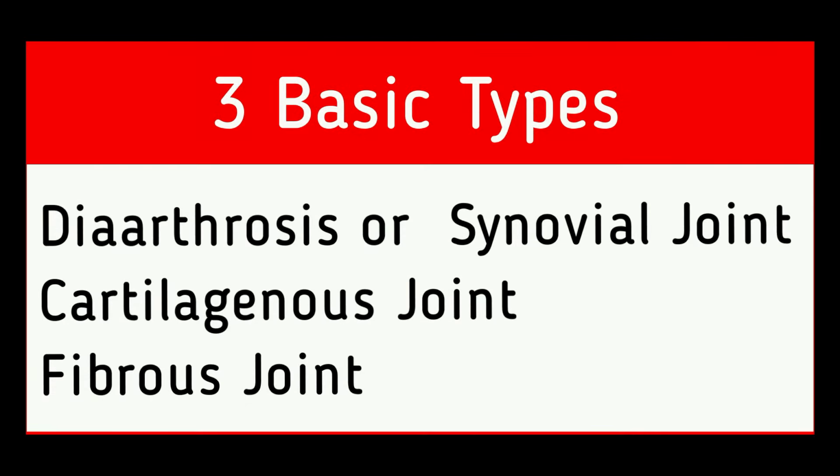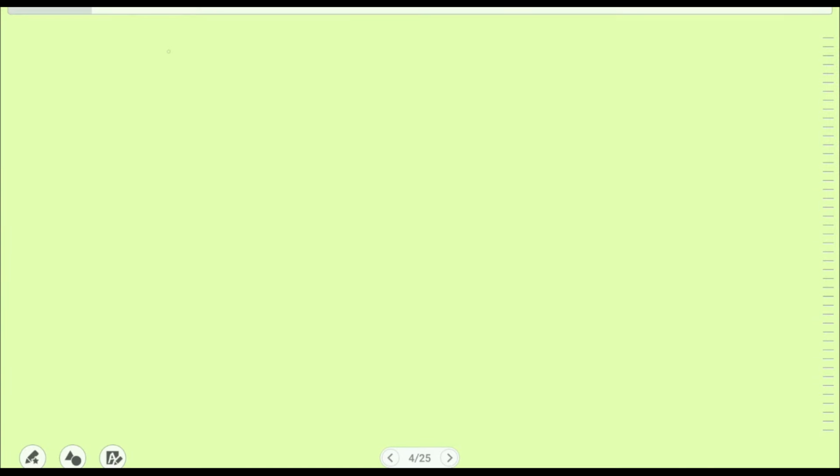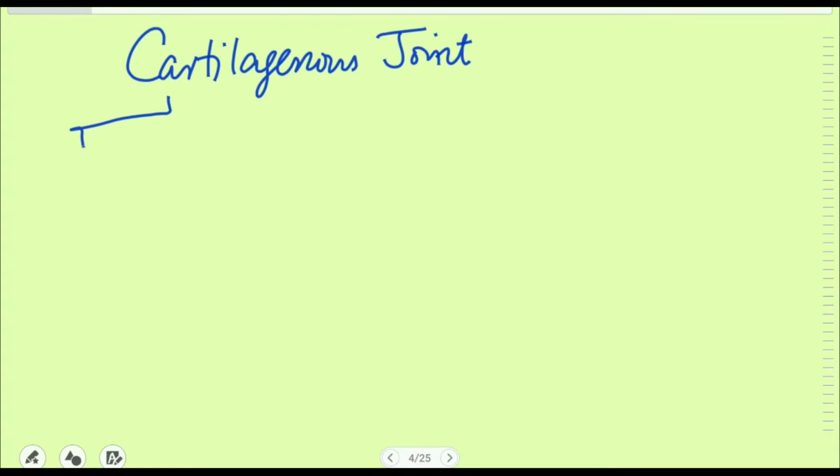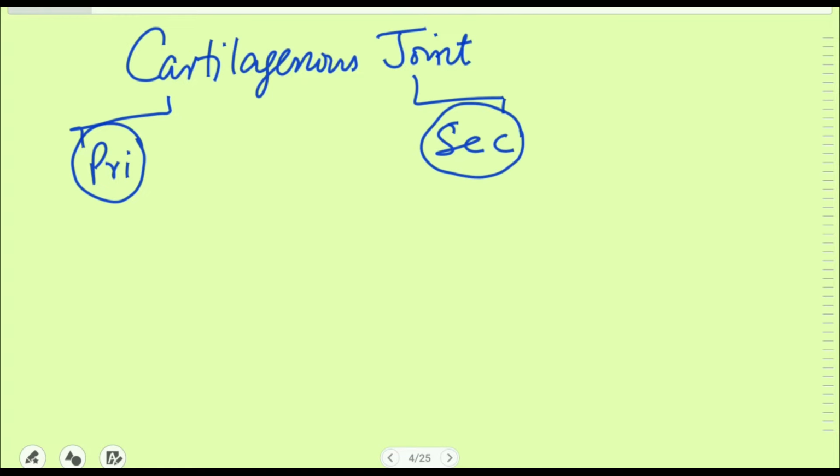Now I'll explain the two categories of the cartilaginous joint. The two categories are primary and secondary. The basic difference between a primary cartilaginous and a secondary cartilaginous joint is about development.